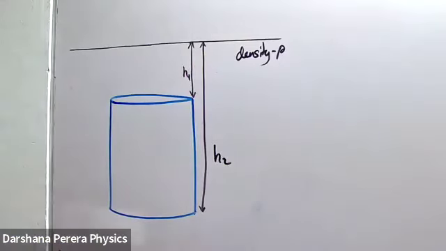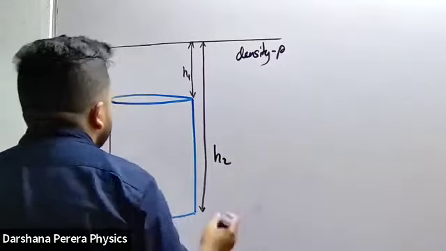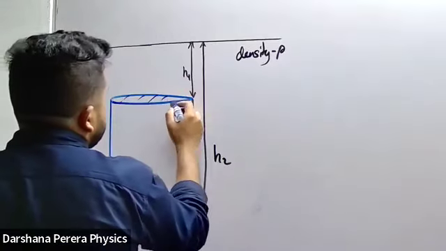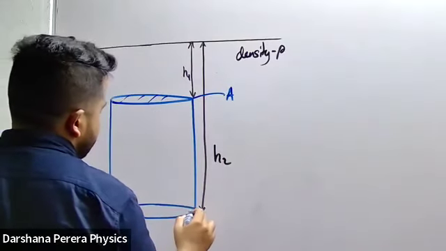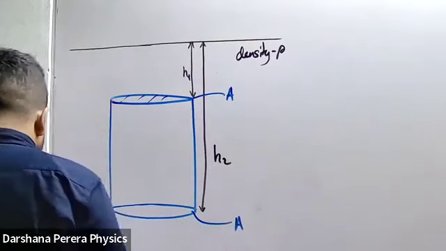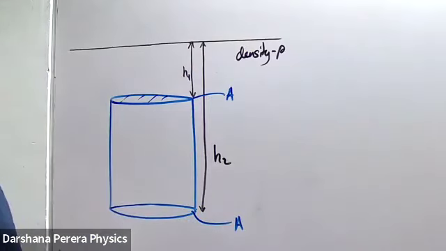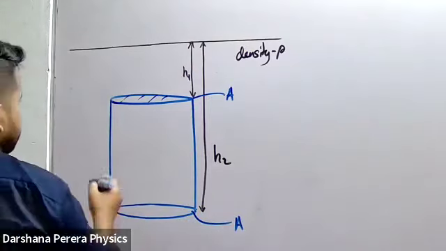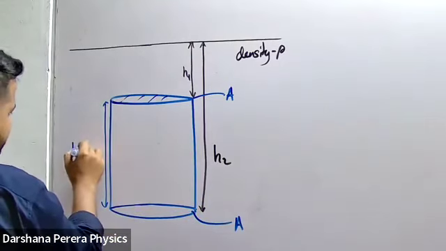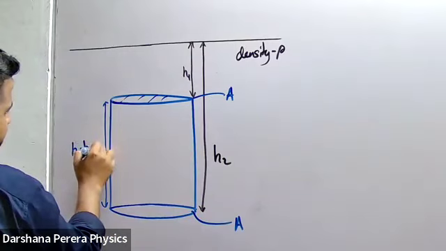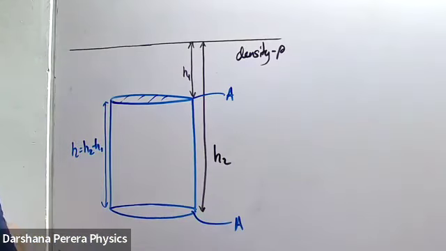So I take the area of this one equal to A. The area of this one also equals A, right? Therefore, this is the h. H means h2 minus h1, the cylindrical object.